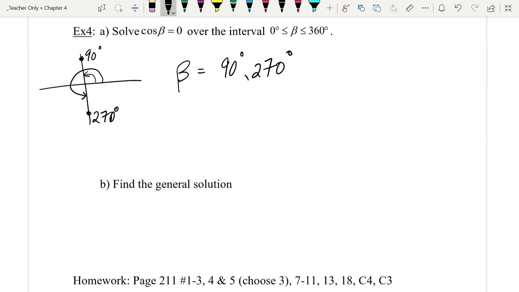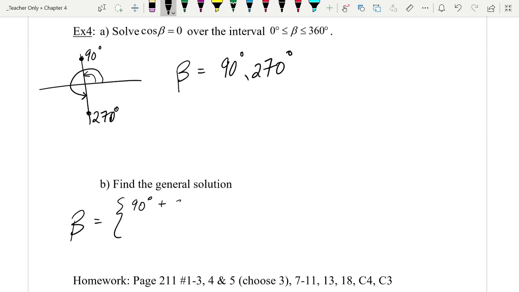But what if I want the general solution? Where is all the places to infinity that cosine of an angle is 0? Well, I could say that beta is equal to 90 degrees plus, now it's every time I spin, right?